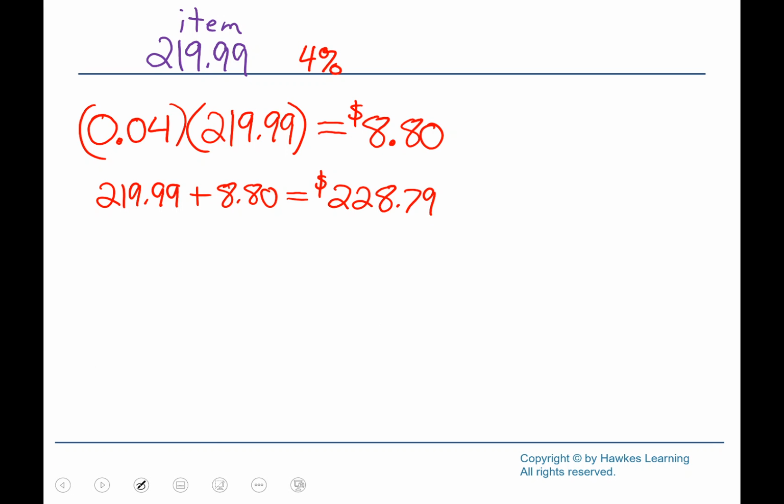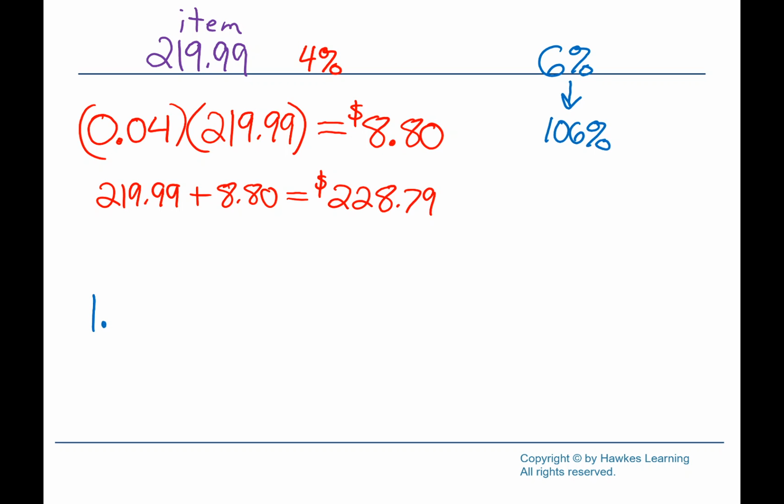All right, let's do the Kentucky one. What was it, 6%? Let's do it the other way. So 6% tax plus 100% of the item cost, we would end up with 106% that we're having to pay.